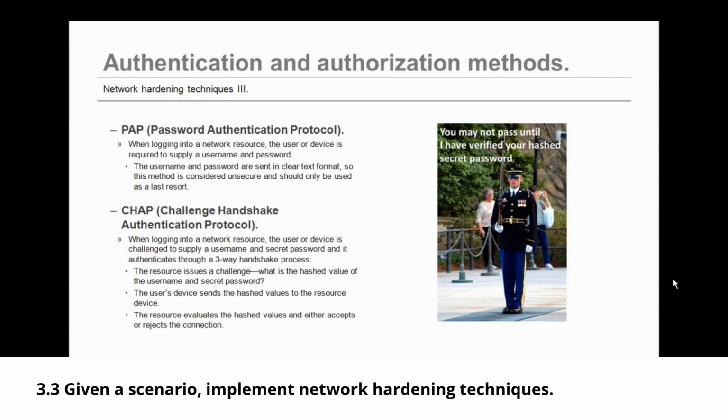It wants to know the hashed value of the username and secret password. The user's device sends the hashed value to the resource device. The resource evaluates the hashed value and either accepts or rejects the connection. By using CHAP, the username and password are never sent in clear text. It's much more secure than PAP.